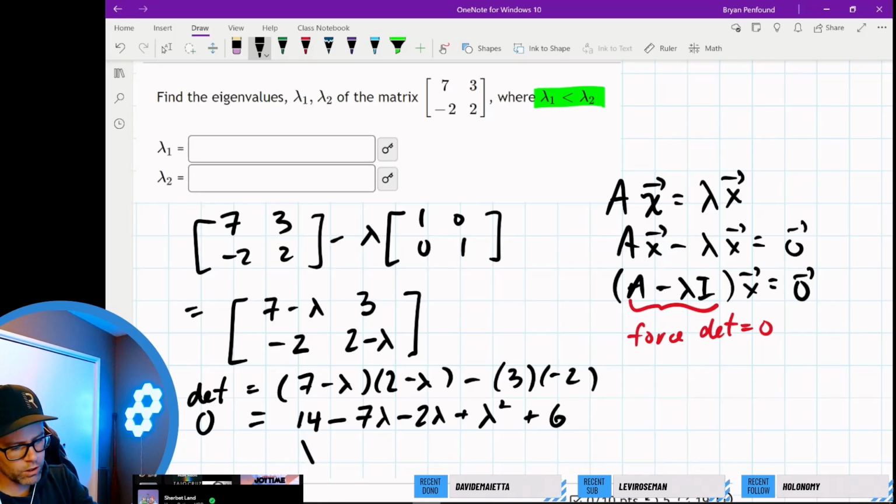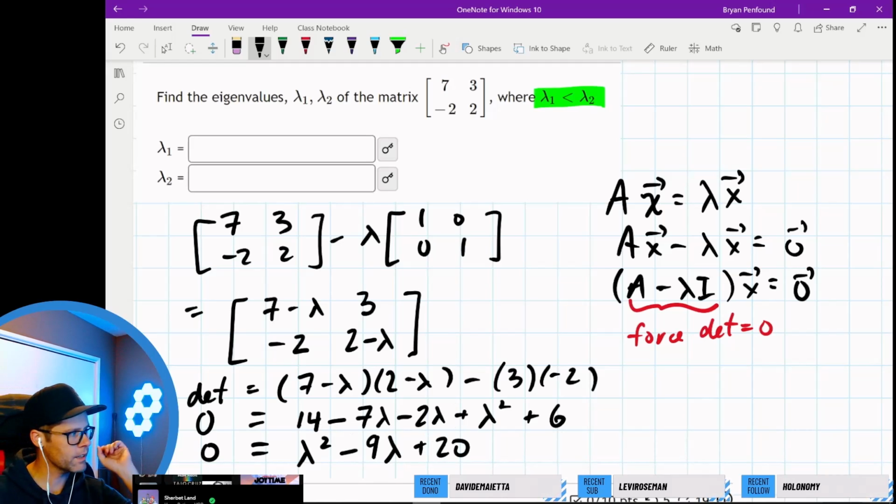So the equation we're looking at is a quadratic equation. Hopefully it's factorable. We have lambda squared minus 9 lambda plus 20. If we can factor this, that's fantastic.